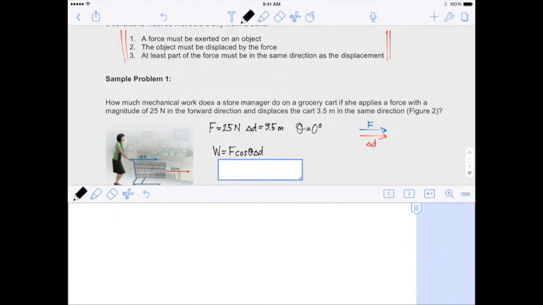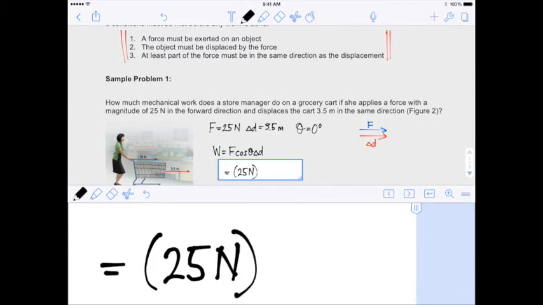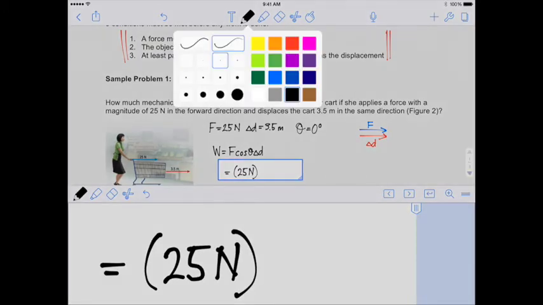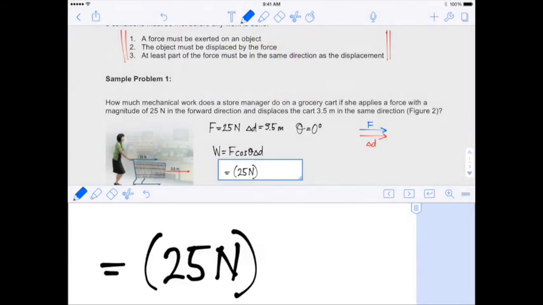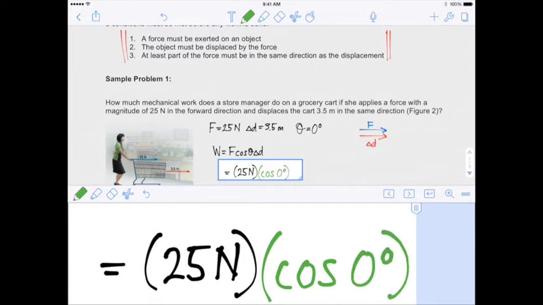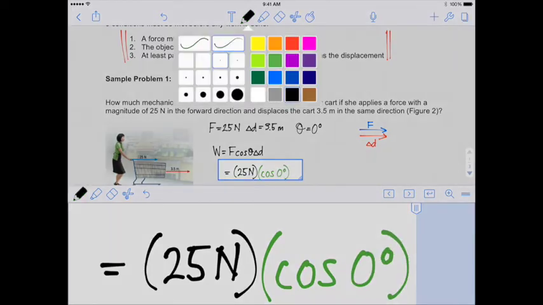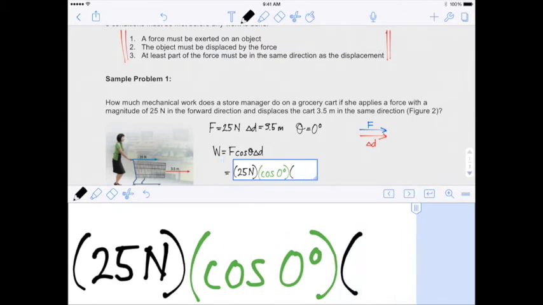So we can begin to sub and solve. We have 25 newtons for our force. Now in a different color here, I'm going to choose the cos of 0 degrees, and then our displacement we said was 3.5 meters.